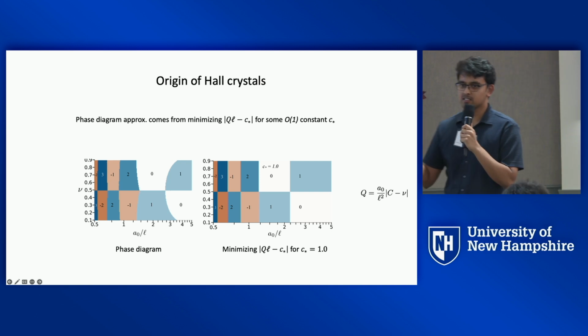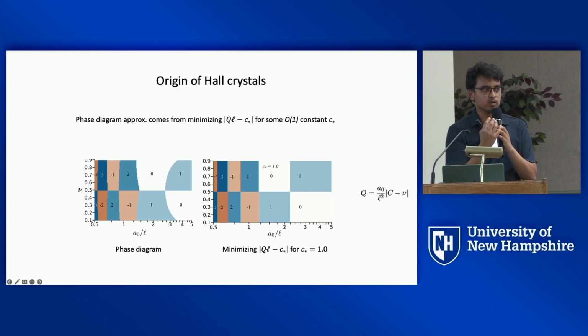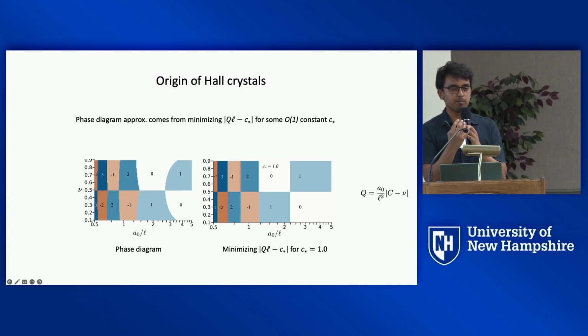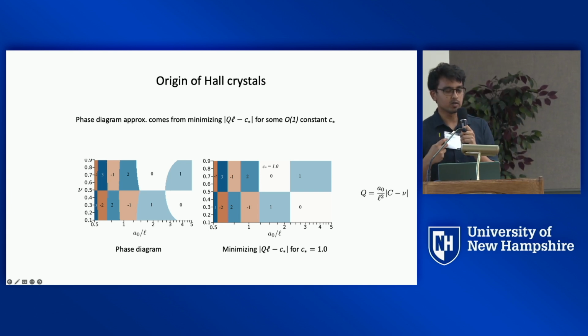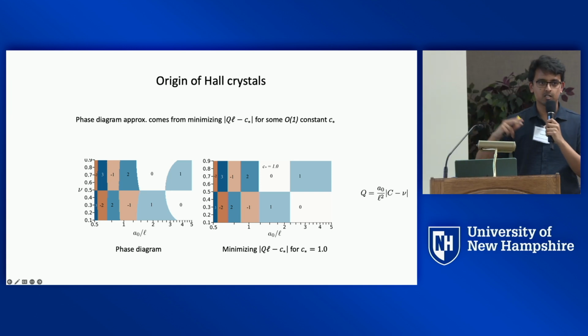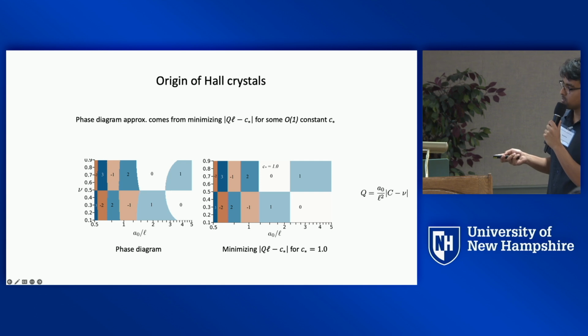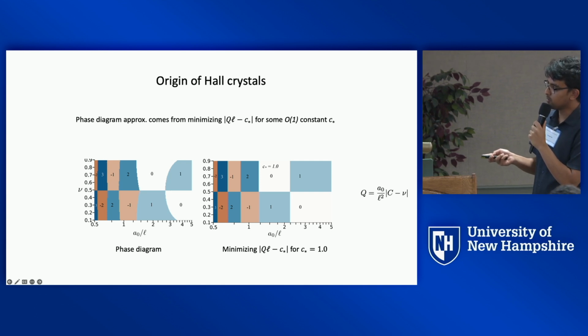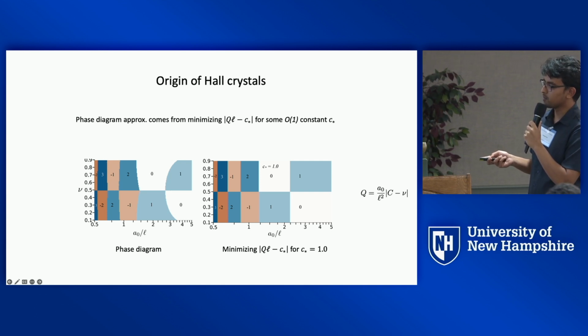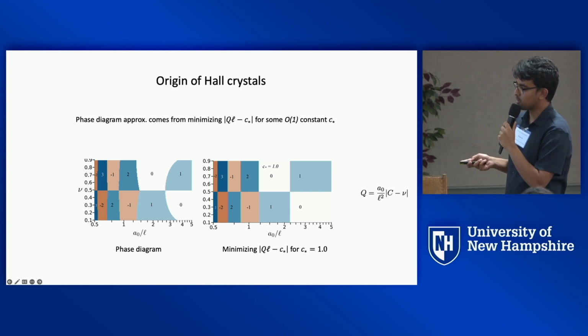What that really means in physical terms is that the system wants to form a unit cell, a period along the y direction, which always has wave vector approximately 1 over the magnetic length, up to some non-universal constant, which depends only on interactions. It might change depending on the Landau level index and so on. But as you can see here, if you simply follow this protocol, minimizing a quantity for a single tunable parameter C star equals 1, you can pretty well reproduce this phase diagram.